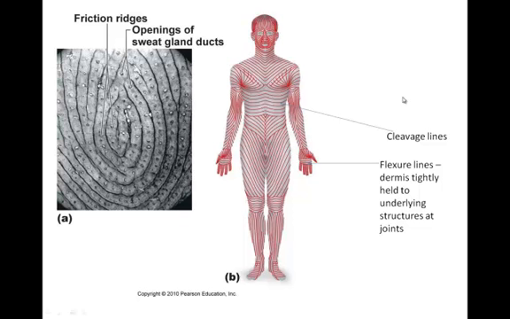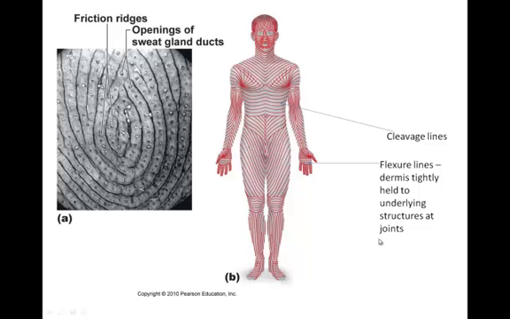It's important to us if we're going into surgery, because our surgeons are going to cut parallel to those lines, and so then you'll resist scarring. A surgeon wouldn't come in and cut vertically with these cleavage lines unless they had to, because then you would scar.